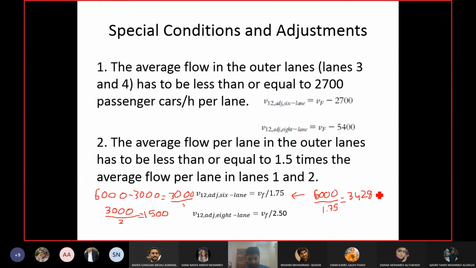Okay, so this is in the two lanes. And then if you apply this condition, then what happens? So again, VF is 6,000 minus this.